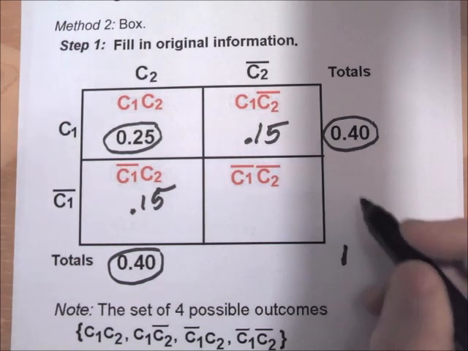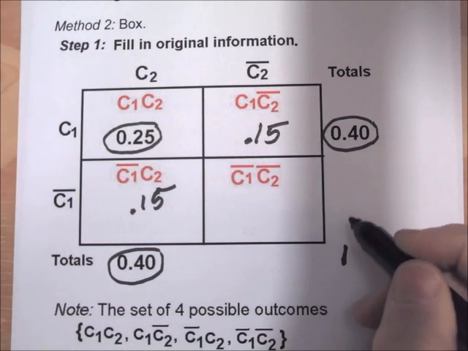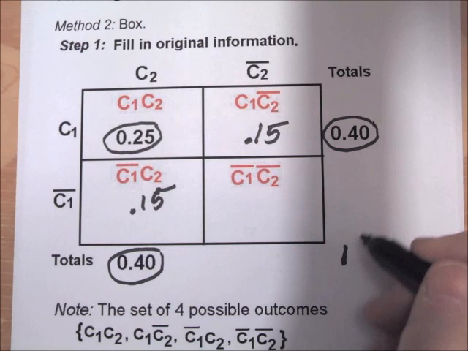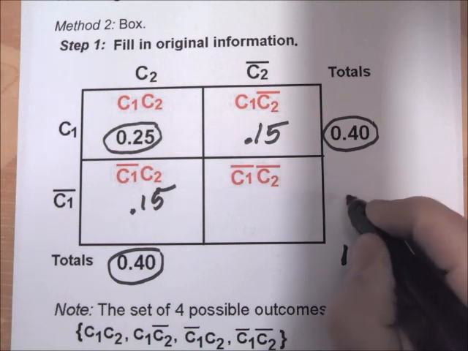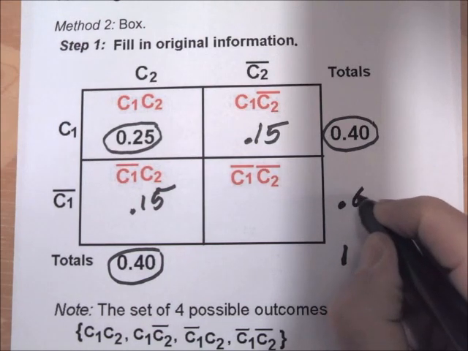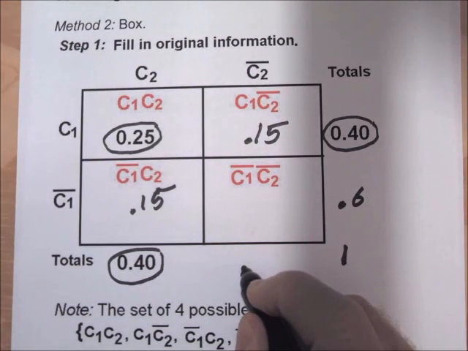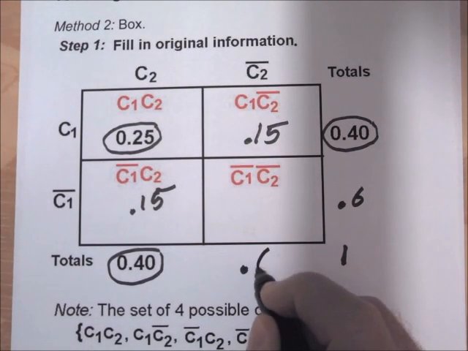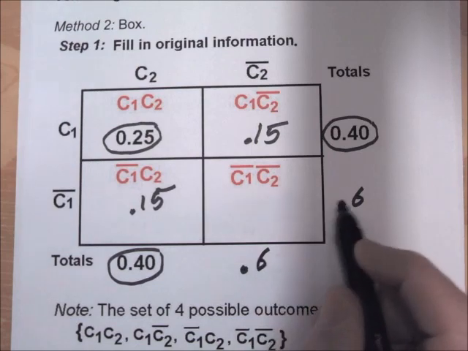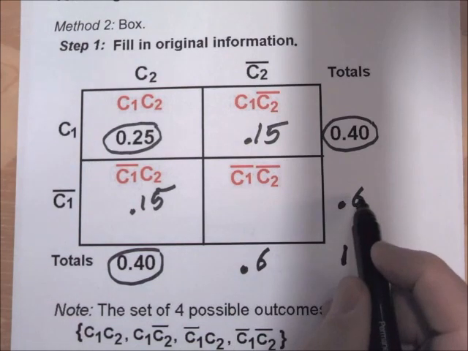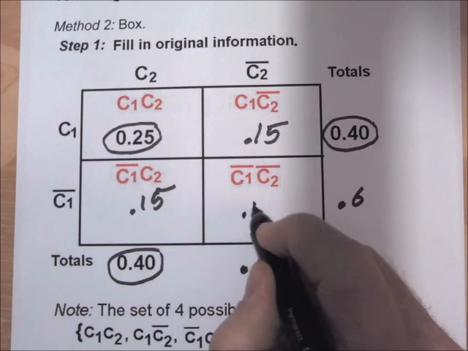This row total we can also fill in by subtracting. The grand total is 1. 1 minus 0.4 is 0.6. So the C1 bar row total should be 0.6. And likewise, the C2 bar column total should be 0.6. And then we can subtract here. 0.6 minus 0.15 is 0.45.